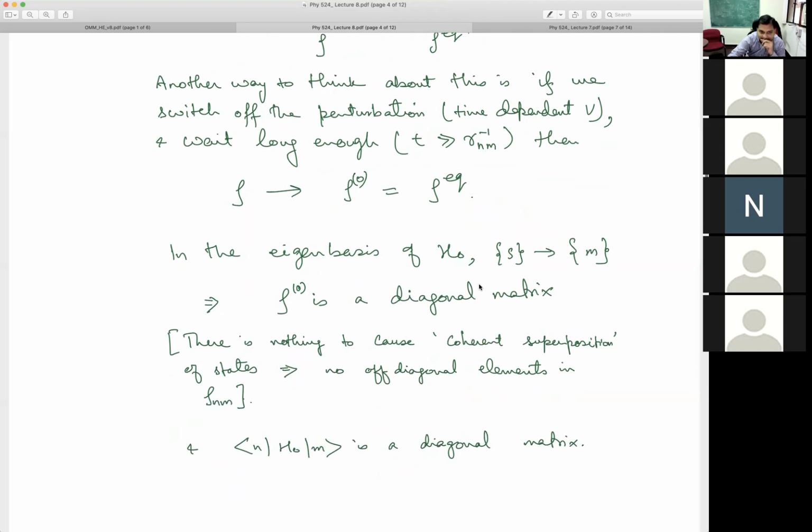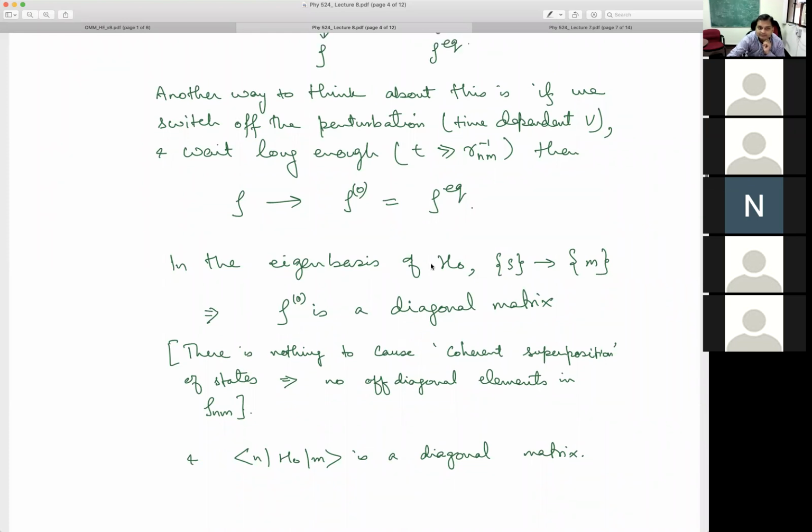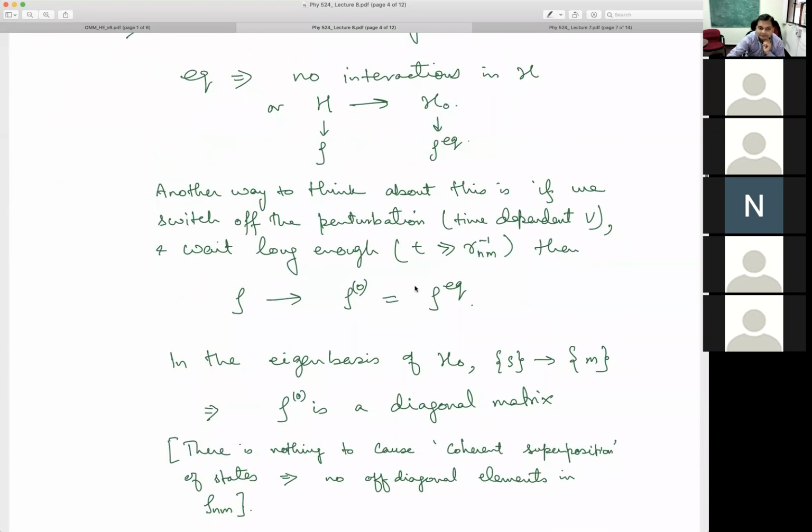Another thing you should remember is that in the eigenbasis of H naught, all the states S go to states M, and then rho 0, the density matrix arising from H naught, will become a diagonal matrix, because for the H naught basis, phi m and phi n are orthogonal, if you remember.